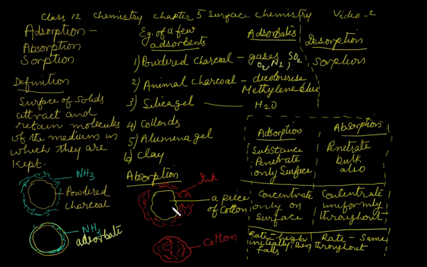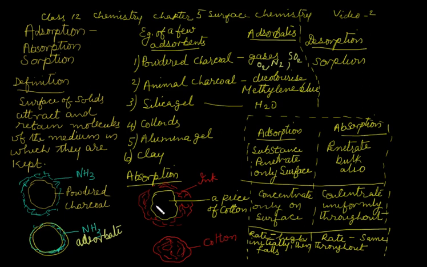Particles have really penetrated into the bulk of this cotton. Whereas in this case, it is only a surface phenomenon. Ammonia could enter only into the surface, that is interface. It has some thickness, a few layers thick it is. We have already seen that in the previous video. So these two processes are different.